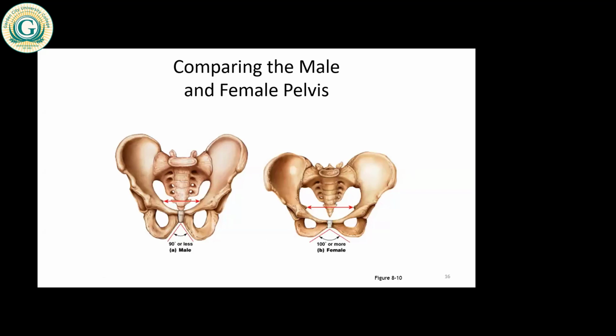Okay, so when you compare the male and female pelvis, it means that if I show you an X-ray, you can look at the X-ray and tell me this is a male X-ray or female X-ray. I hope you can do that. If I give you an X-ray of a pelvic bone, you can look at it and tell me whether this is male or female by giving me reasons.